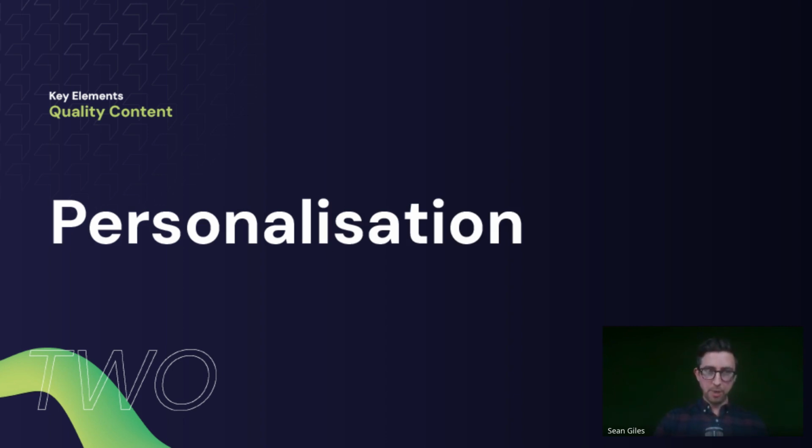And then personalization. It's not necessarily just going, oh, hello Dave, welcome to our page. It's more about digging into the data that you have and segmenting it so you can understand that we've got a group of people over here who find this very valuable. They engage with this kind of content, and they like these elements of what we do.